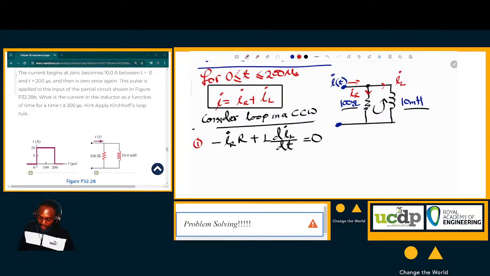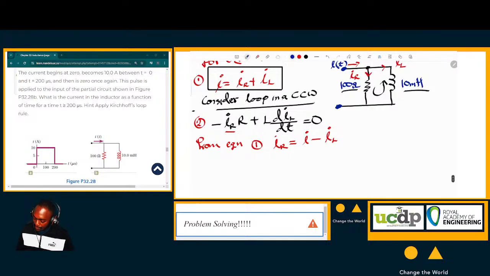So one other thing to consider, I'll label this as equation 2, and this is equation 1. From equation 1, we want to eliminate this IR. From equation 1, IR is equal to I minus the current through the inductor, which means from this expression, in place of IR, we can put I minus IL.